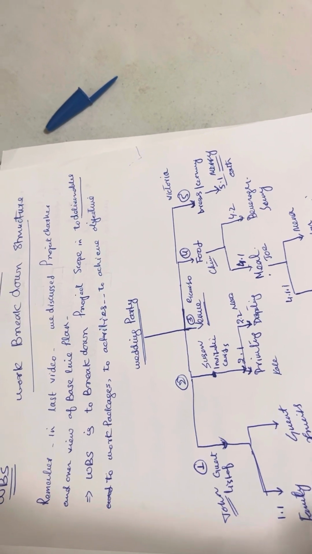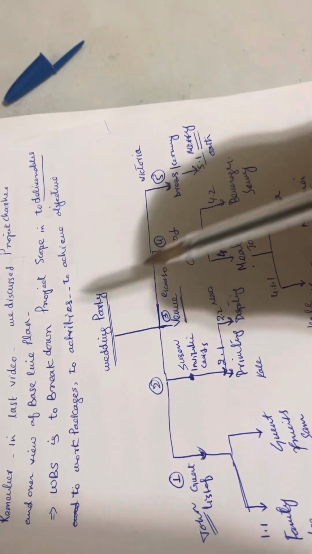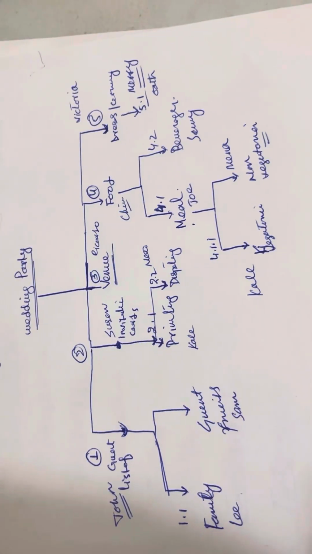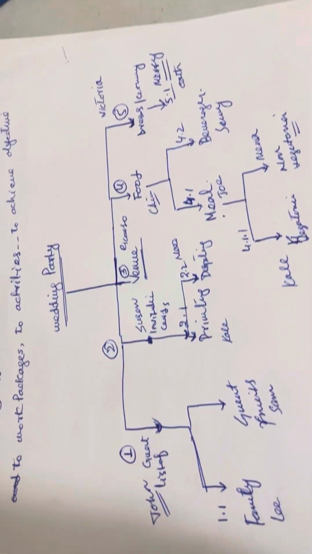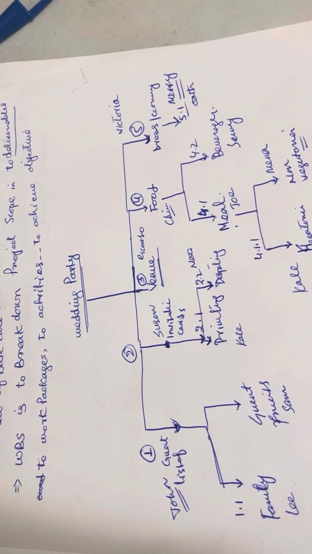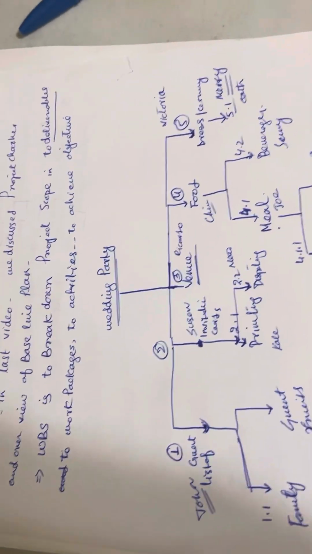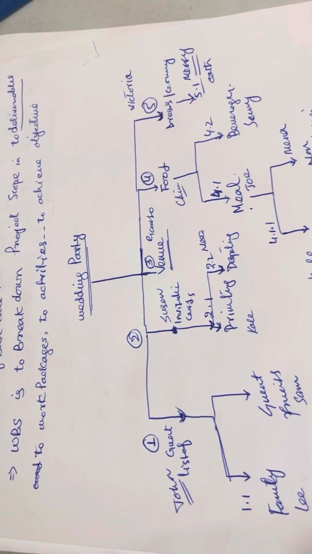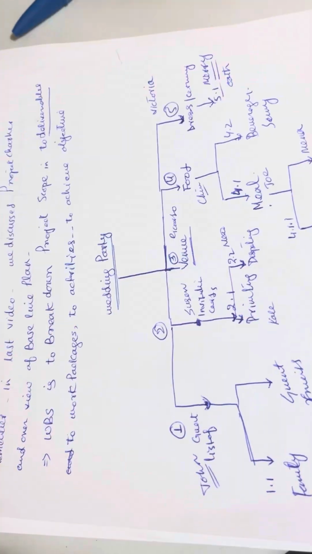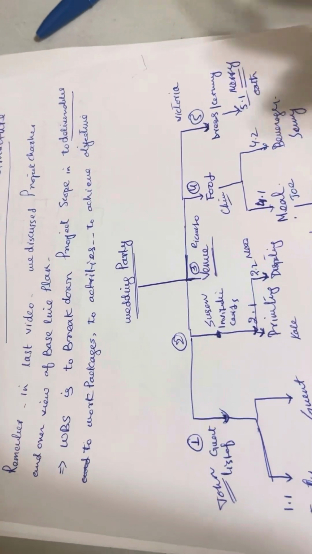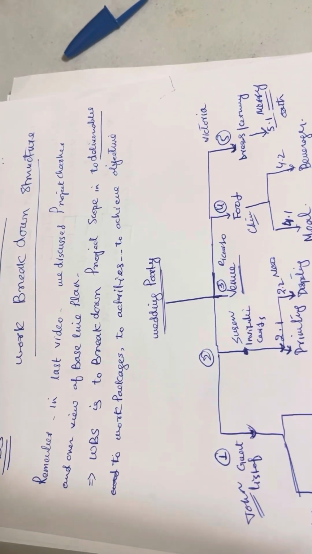structure. What I have drawn here is a wedding party, and we have to make a schedule for it. Today I will show you how you can decompose or break down the structure into deliverables.